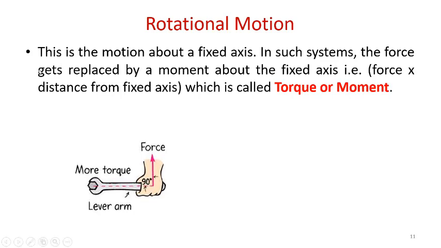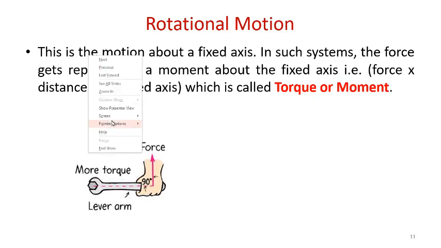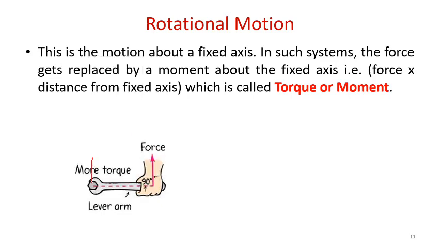So let's take an example. Here we have a bolt which has to be twisted or turned about its fixed axis. So this is the axis of the bolt or nut which has to be turned. From this axis, at a certain perpendicular distance, we are going to apply the force. So the force applied into the perpendicular distance gives the twist or turning moment applied about that axis.